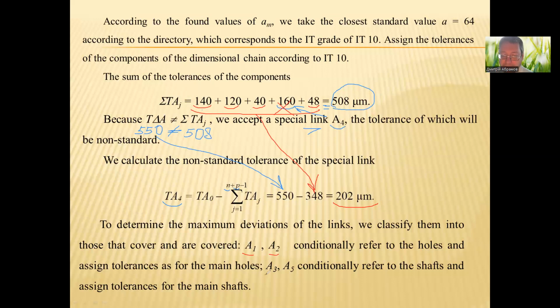A suffix 3, A suffix 5 conditionally refer to the shaft and assign tolerance for the main shafts. And A suffix 4 is the special link.